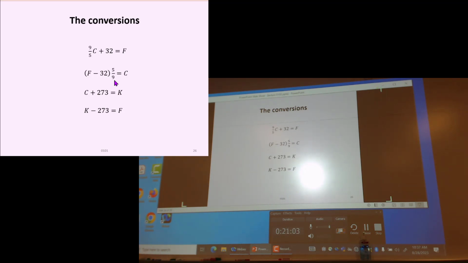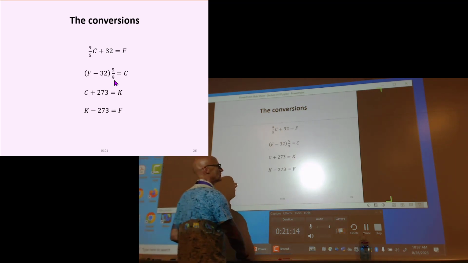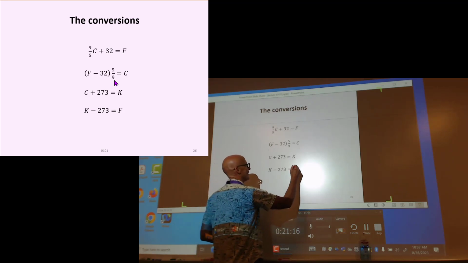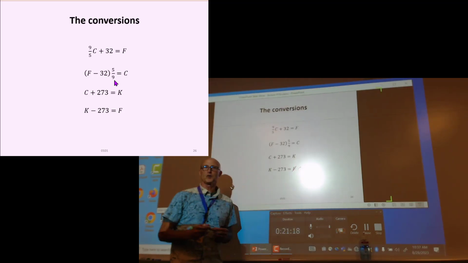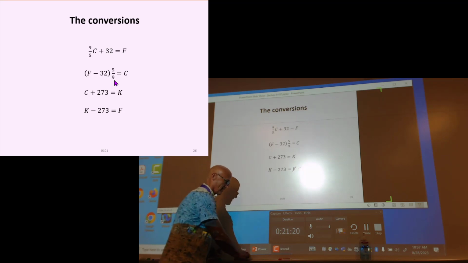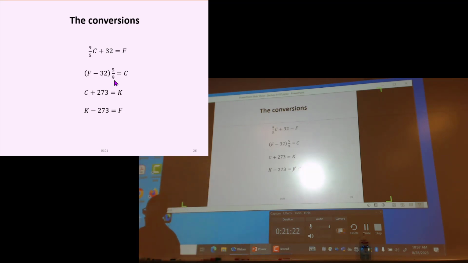Are we ready? Any questions on this as you look? A question on the last one. Why does it say equals Fahrenheit? Probably because it's wrong. Yes, thank you. Thank you for jumping on those quicker so we can get those corrected.